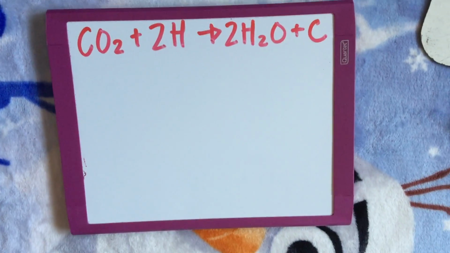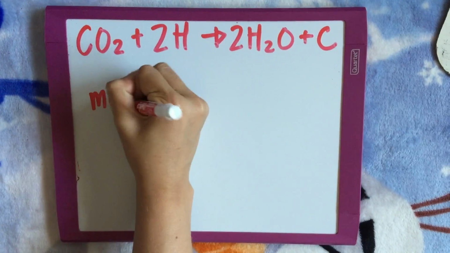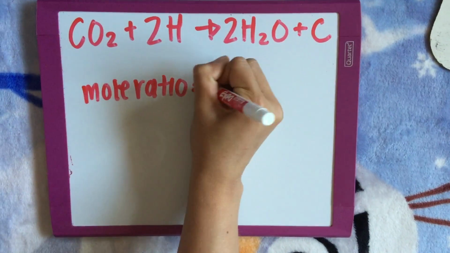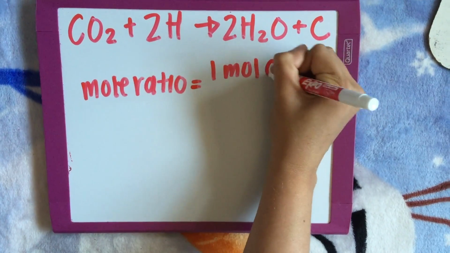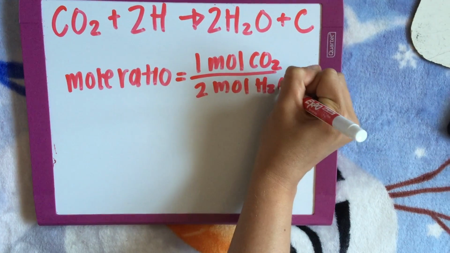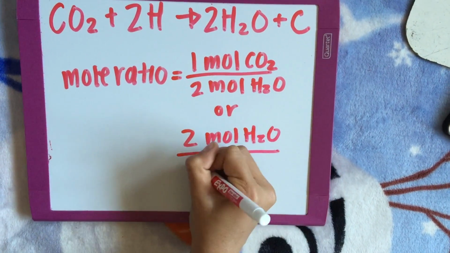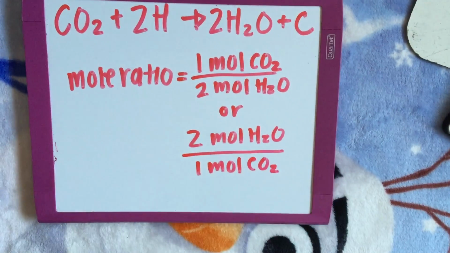Because the coefficient in front of CO2 is 1, and the coefficient in front of H2O is 2, the mole ratio is 1 mole of CO2 for every 2 moles of H2O, or 2 moles of H2O per every 1 mole of CO2, depending on which units you need to cancel.